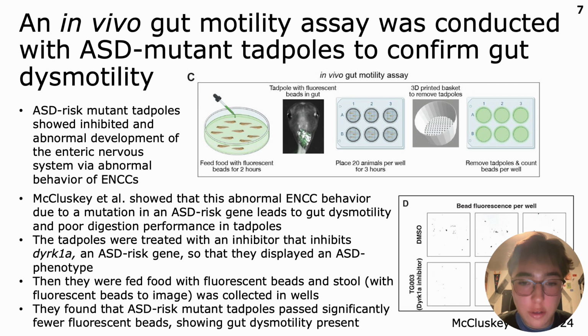They did that by feeding these mutated tadpoles fluorescent beads, and then they let the tadpoles release their stool, caught and sampled it, and imaged and counted the number of fluorescent beads that the tadpoles had processed through their digestive system. They found that the ASD mutant tadpoles had really poor digestion. They couldn't really let any of the fluorescent beads through, whereas controls did pretty normally.